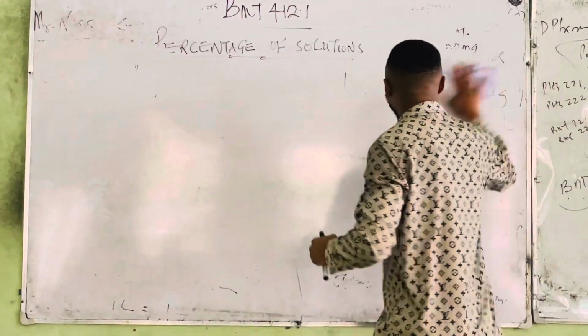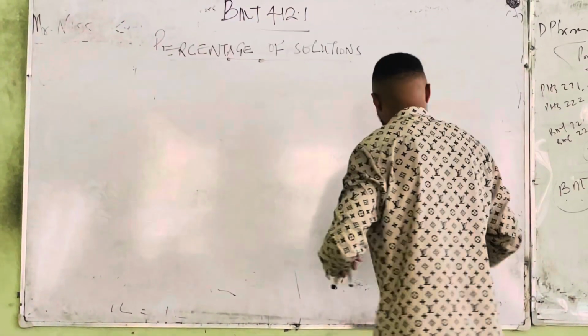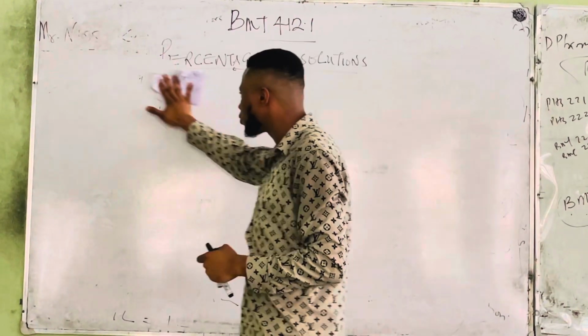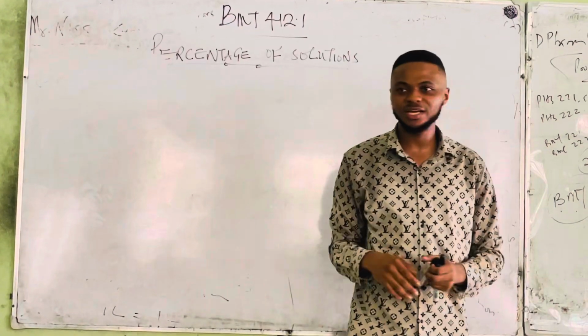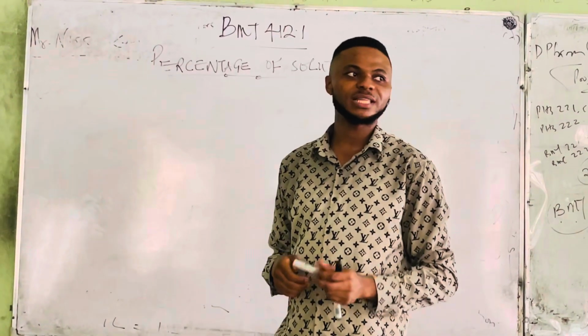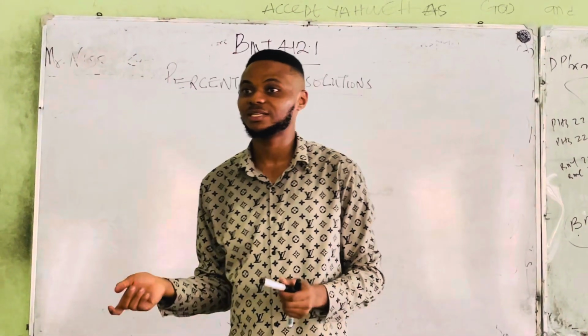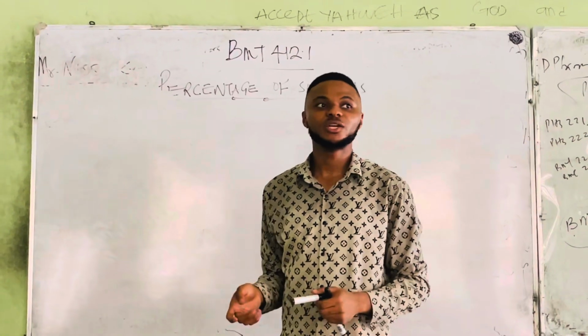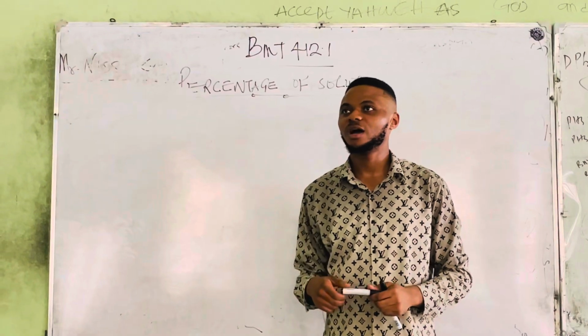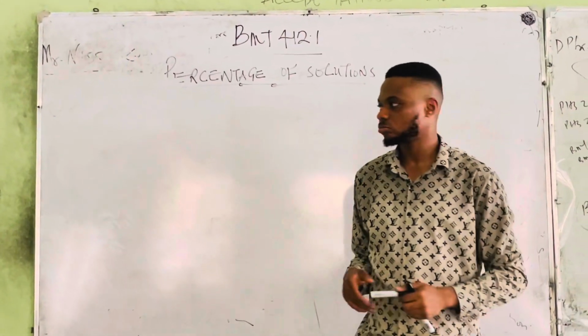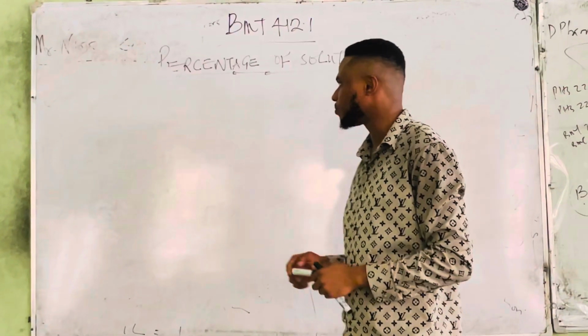So now I want to know how we can prepare 250 mils of nicotine solution. Nicotine is actually a substance that has some trace of organic compounds in it as well, but that's not what we are delving into.